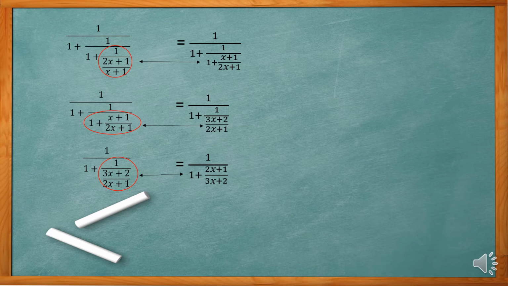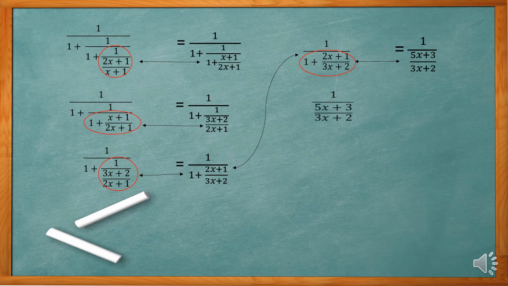And then add the 1. So 1 plus 2x plus 1 over 3x plus 2. And then, since this is just addition of rational expression, so you already know that. So it is 5x plus 3 over 3x plus 2.